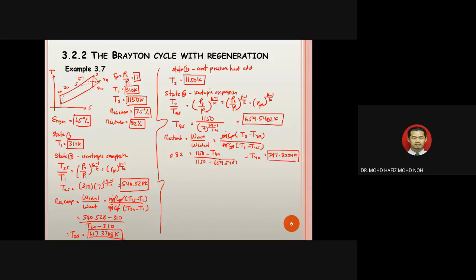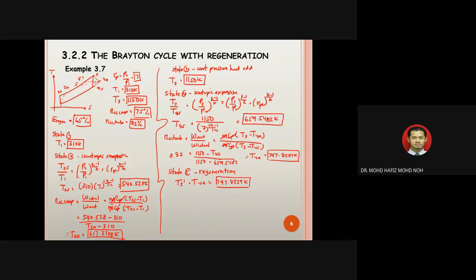And then don't forget you have the regenerator state. So that means this is state 5. State 5 is regeneration. So T5 prime actually is equal to T4 actual, which is 747.8229 Kelvin. Solve this one, and then you can find the value of T5.